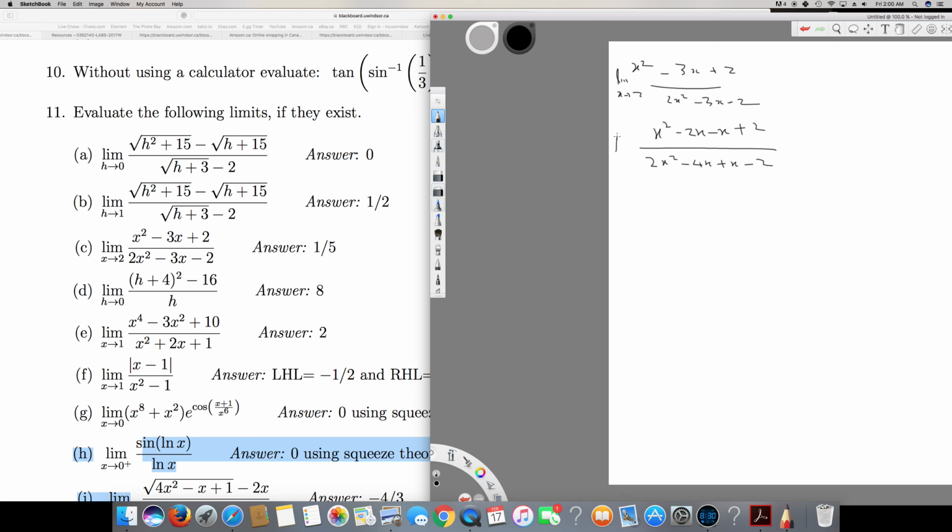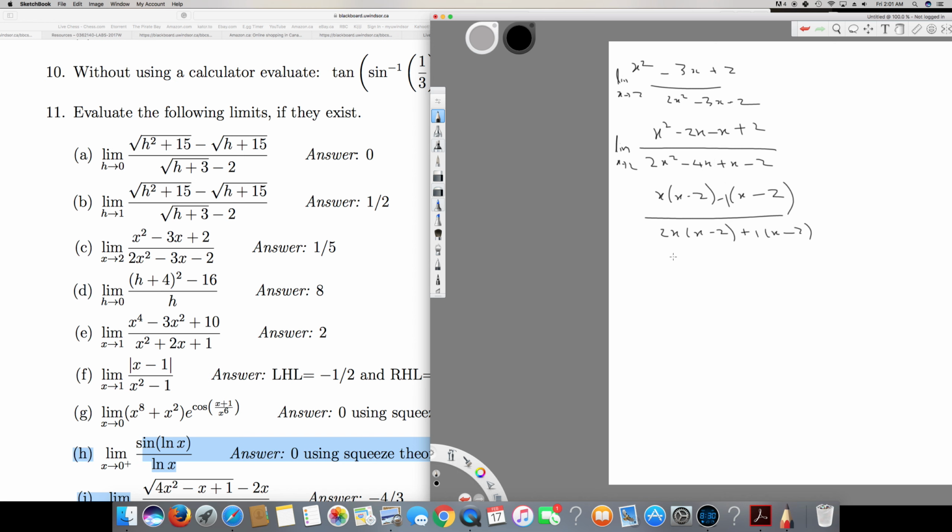So limit x approaches 2, if I take the common one, x minus 2 times x minus 1 over 2x plus 1 times x minus 2.